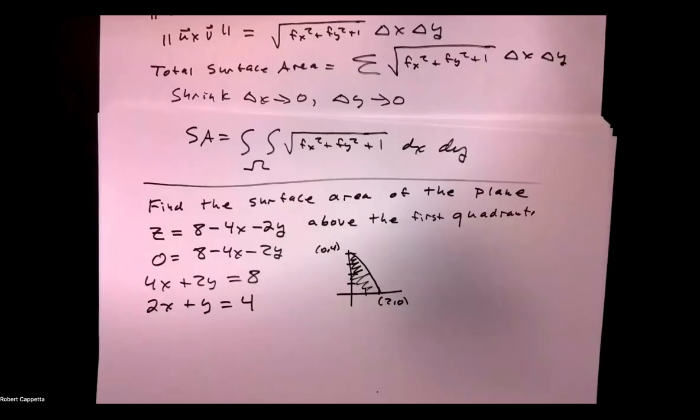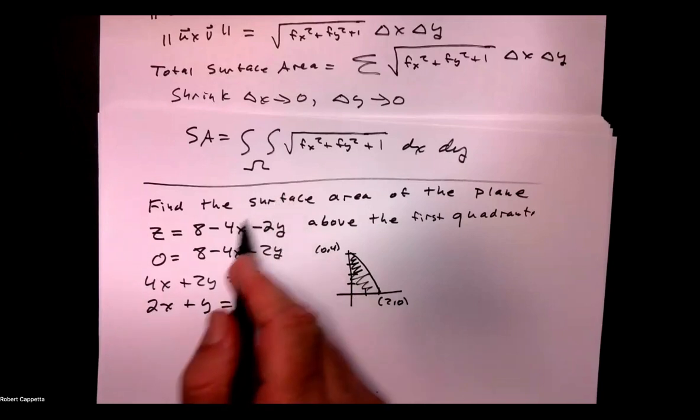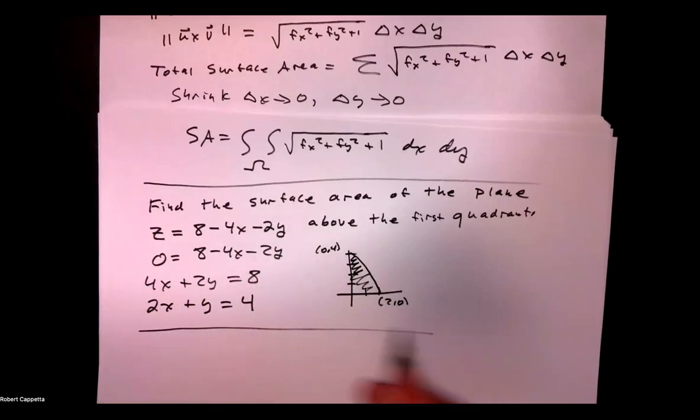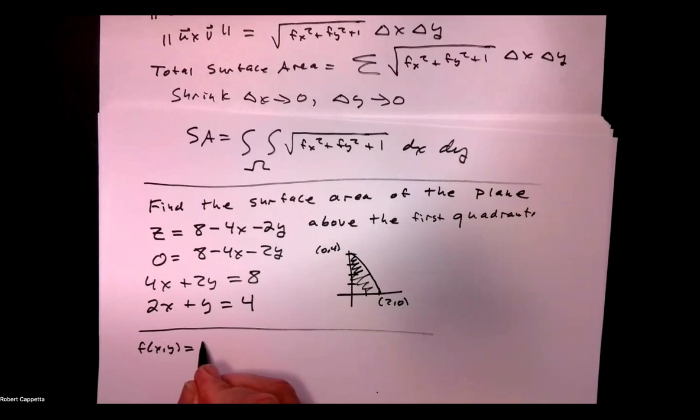So let's work on that. So we know what our formula is. We know what our z is. So let's do our analysis. My function f of x, y is 8 minus 4x minus 2y. So f sub x is minus 4 and f sub y is minus 2.